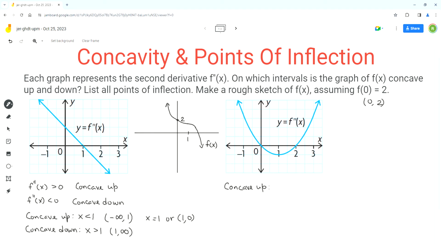So the first interval is x is less than 0 or x is greater than 2. Now in interval notation, we can write it as negative infinity to 0 and then union 2 to positive infinity.